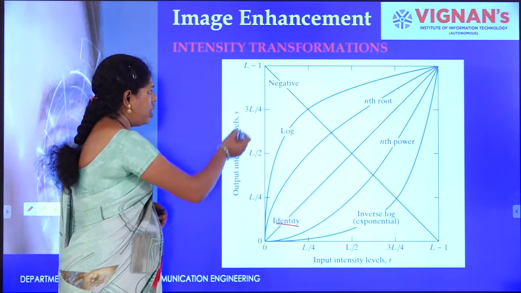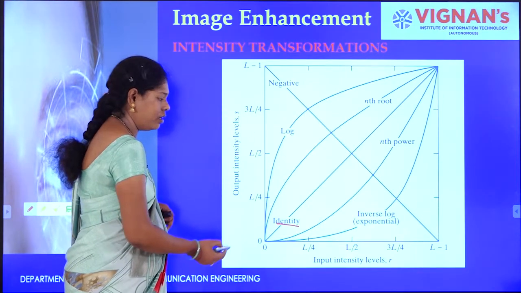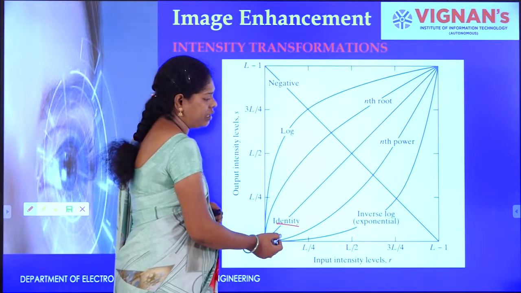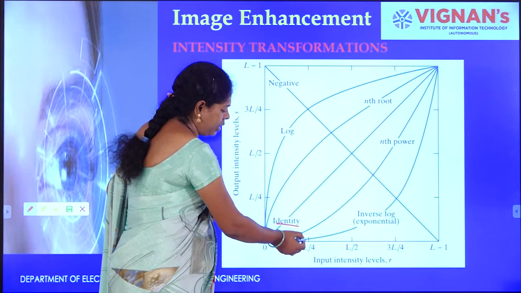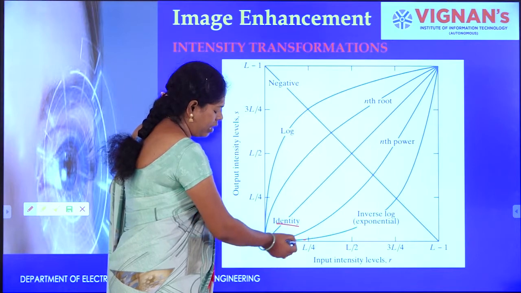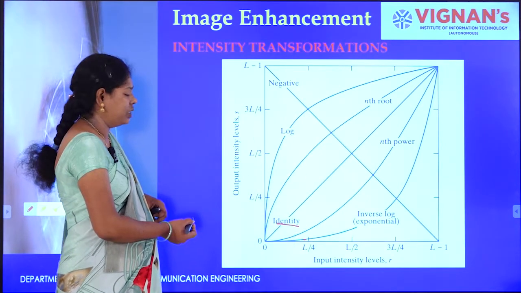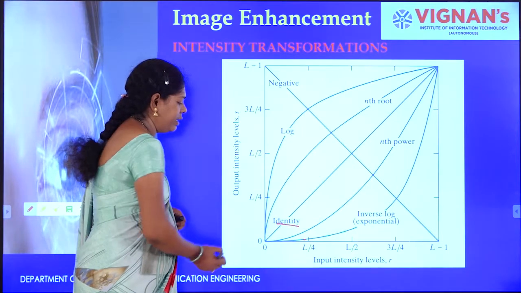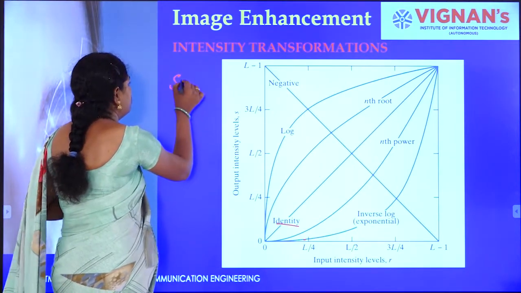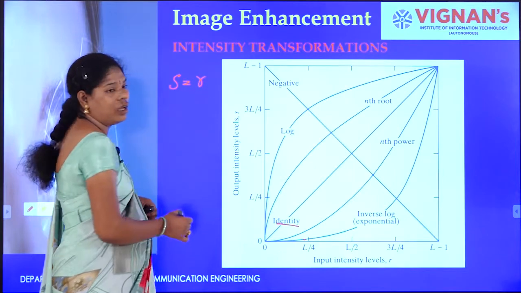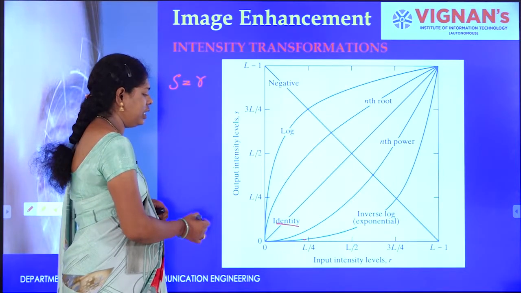Here the output is modified depending on the requirement. For example, an input of L minus 1 or L by 4 will be modified to the corresponding intensity transformation. The first transformation is identity, that is s equals r.